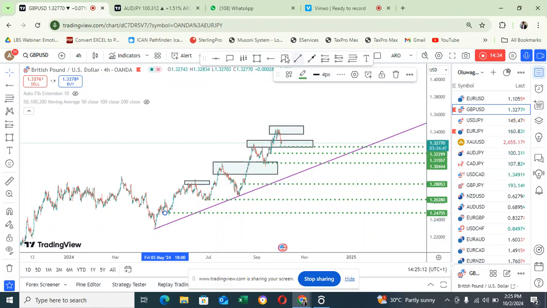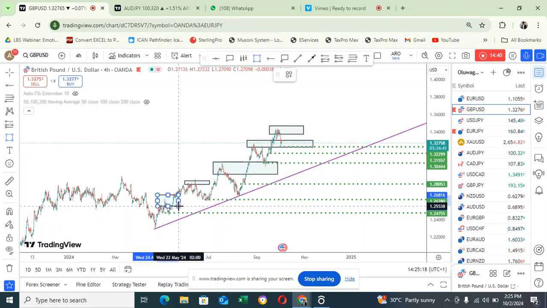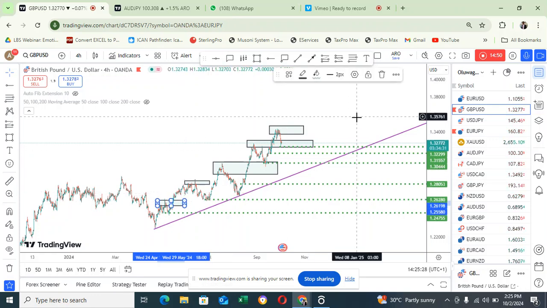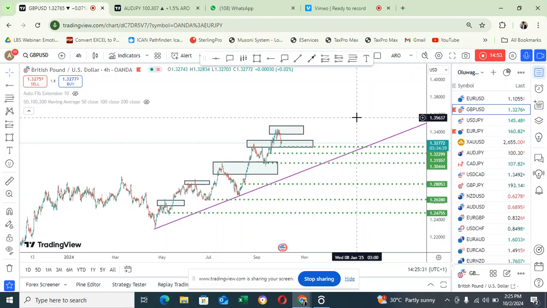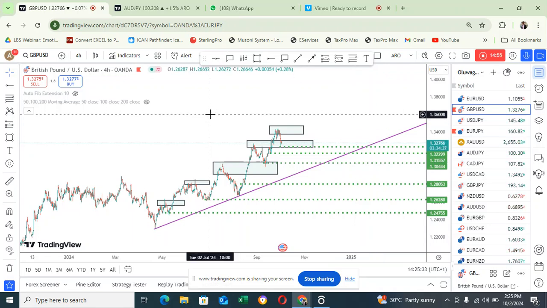Let me put this here because it's obvious. This place also is obvious, it's a high. We are still going to recognize this area because the market moves up and later comes down. So that's for the upward movement.